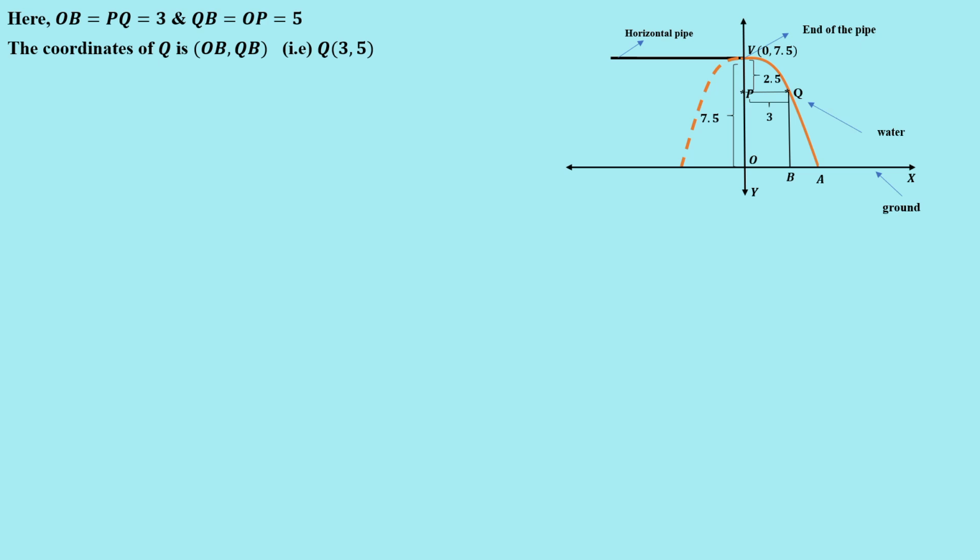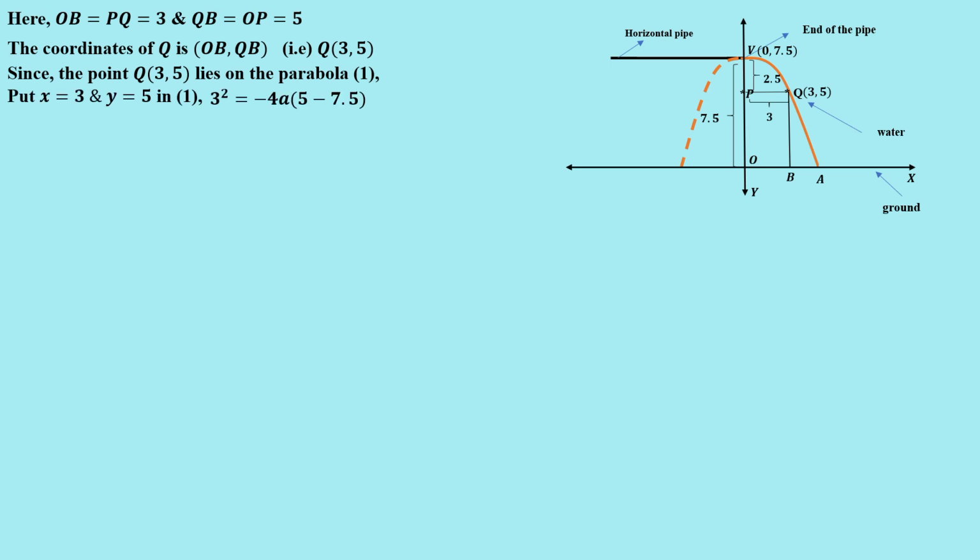But Q is on the parabolic path, so it is on the parabola 1. Substituting x is equal to 3, y is equal to 5 in 1: 3 square is equal to minus 4a into (5 minus 7.5). So 9 equal to minus 4a into minus 2.5. So 9 equal to 10a, a is equal to 0.9, that is 9 by 10. That is equation number 2.